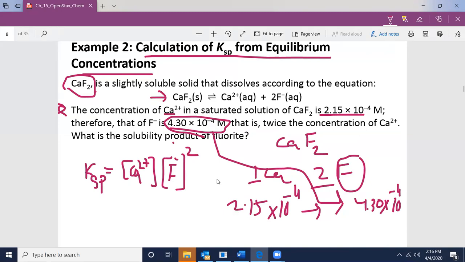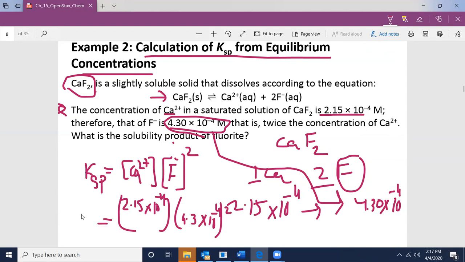Plug the numbers in. You have to take the square of that: 2.15 times 10 to the power minus 4 times 4.3 times 10 to the power minus 4, squared.